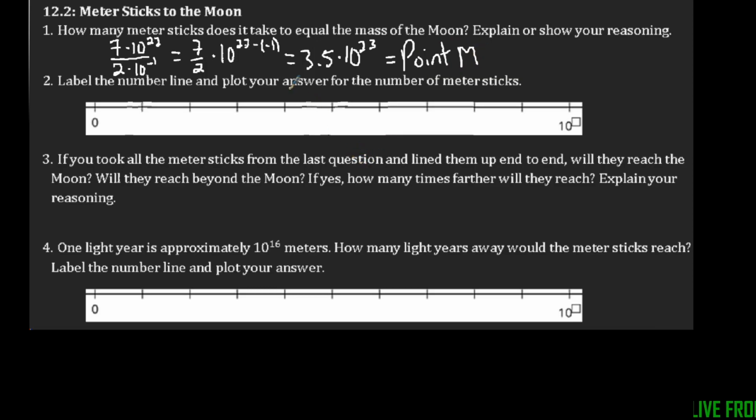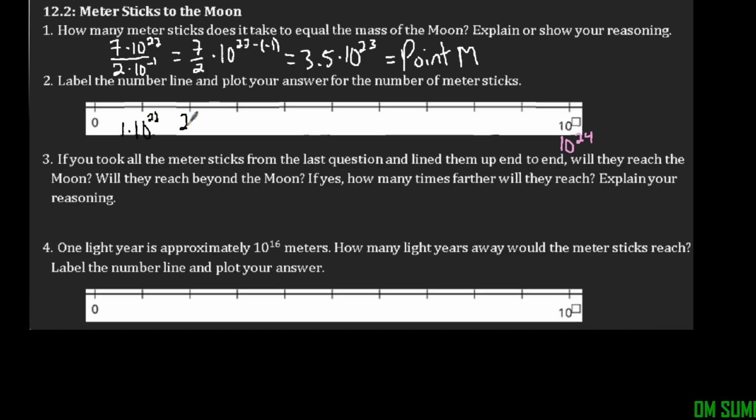So now it says to label the number line and plot your answer for the number of meter sticks. We're going to label the far right one 10 to the 24th power, because each of these tick marks is going to be 1 times 10 to the 23rd power.